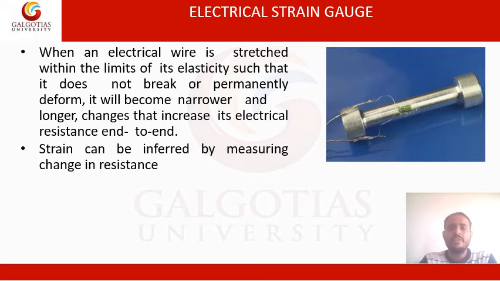When an electrical wire is stretched within its elastic limit, it doesn't break but deforms, and thus the strain can be inferred by measuring the change in the resistance. So ultimately we measure the change in the resistance, and that will be used for the calculation of the change in the strain of that metallic wire.